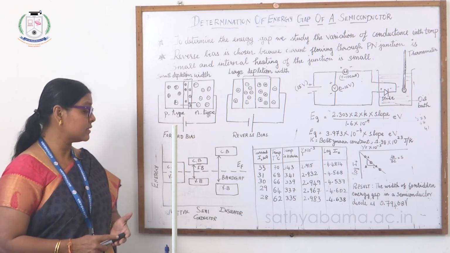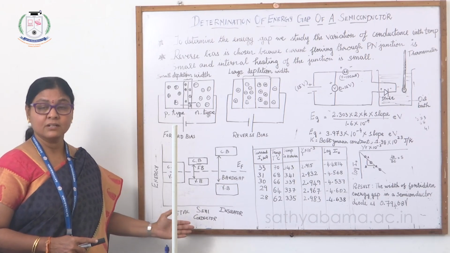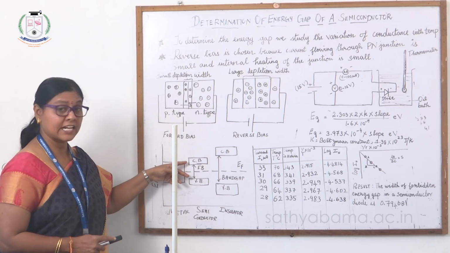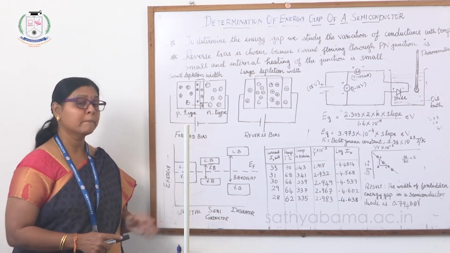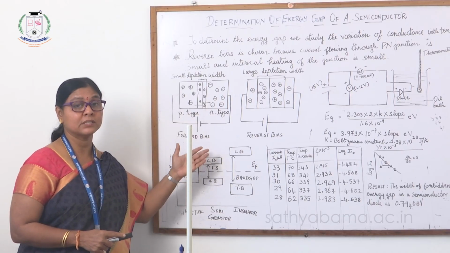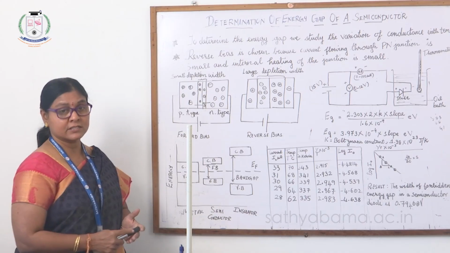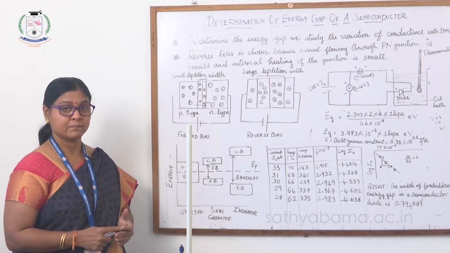So now our task is, since we are given a semiconducting material, we are interested to determine the energy gap, or the energy that is needed for the electron to move from the valence to the conduction band. To determine that, we have to follow a particular procedure.